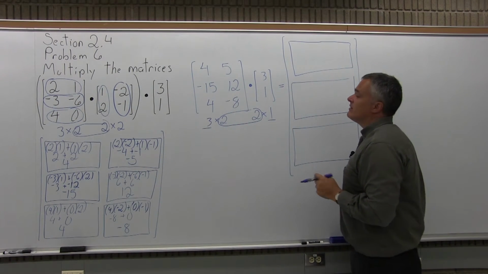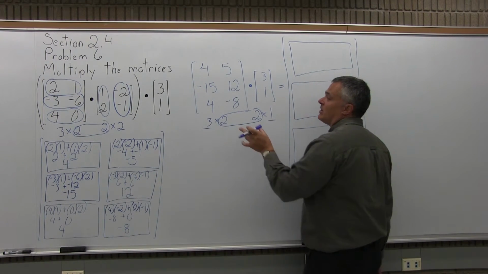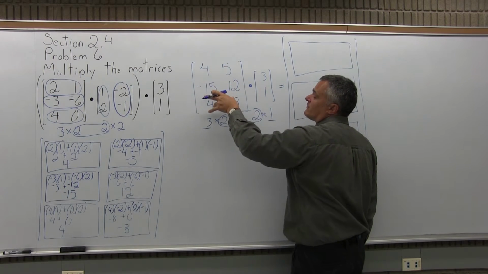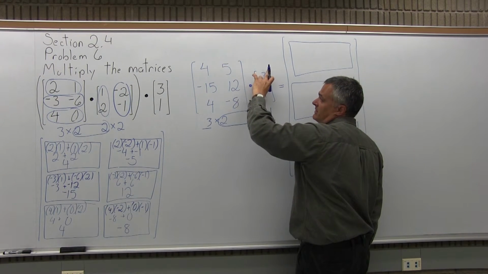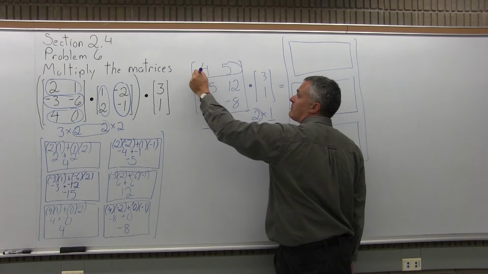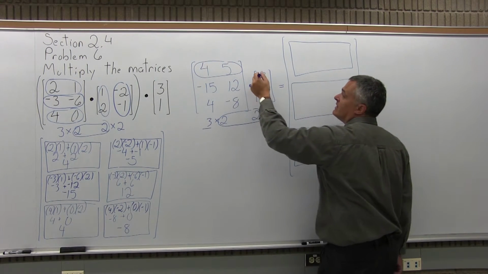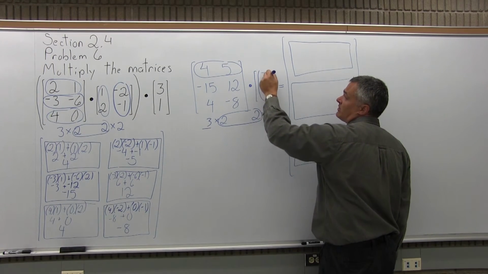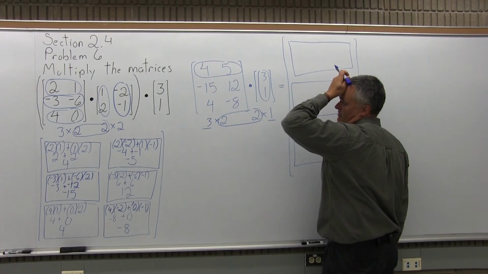So now what I need to do is systematically multiply each row of the first matrix times the column in the second matrix. To start that off, I'm going to multiply the top row of the first matrix, 4, 5, times the only column in the second matrix, 3, 1.